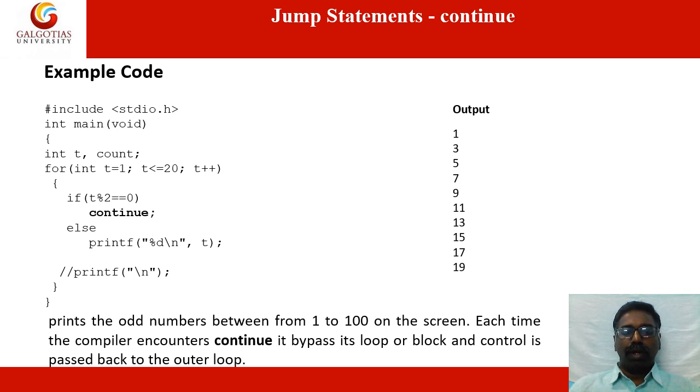Now in the if statement t modulo 2 is equal to 0, so we go for the true part, which is continue. So it will bypass all the remaining code, so the print statement will not work, and then we go for the next iteration of the for loop. That means only the odd values will be printed on the screen from 1 to 20. That is happening here.